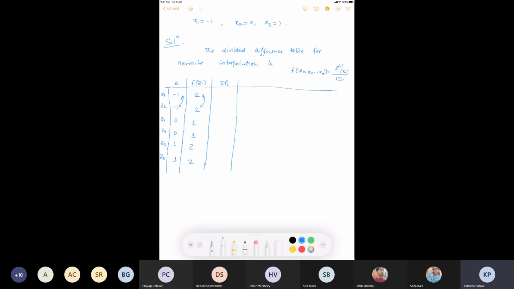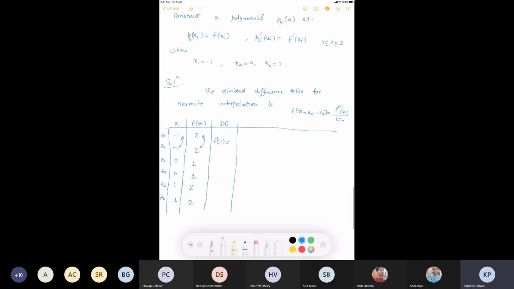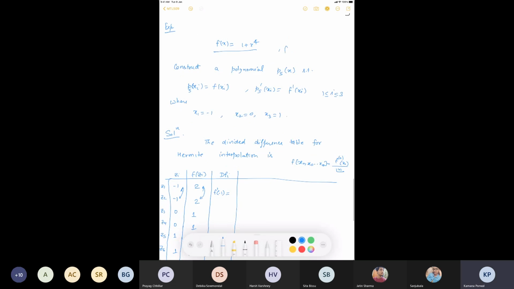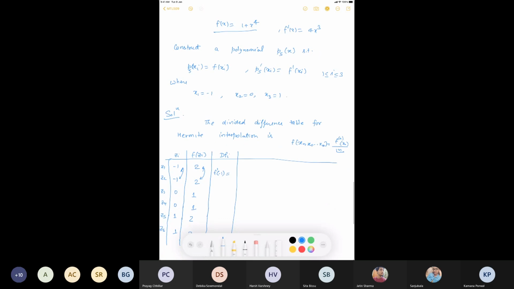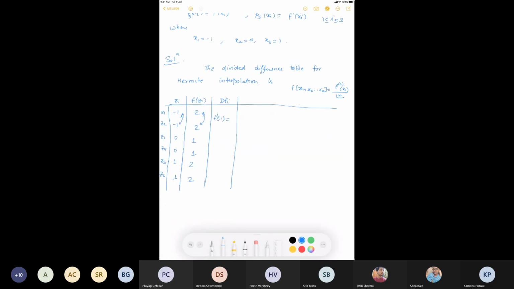So we are going to use this formula. This is going to be f prime evaluated at the node, which is -1 here, divided by factorial 1. f prime is already known, which is 4 times x cubed. So this is going to be -4.